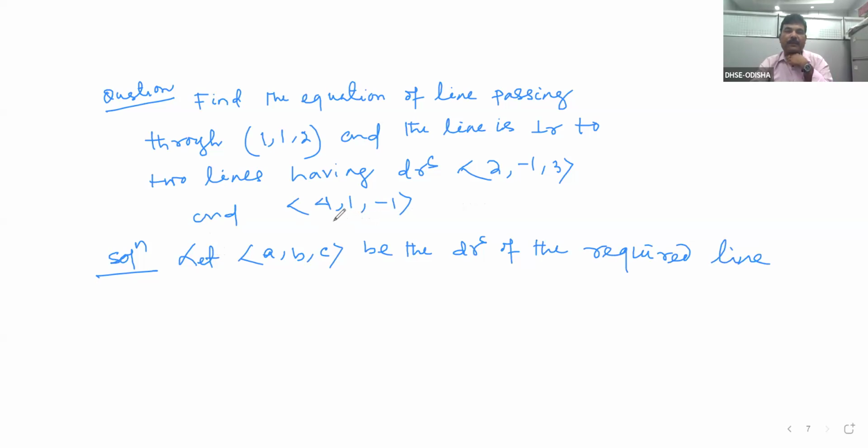You know, if two lines are perpendicular having DRs A1, B1, C1 and A2, B2, C2, then A1 A2 + B1 B2 + C1 C2 = 0. So we can write 2A - B + 3C = 0, and the line is perpendicular to another line having DRs 4, 1, -1. So 4A + B - C = 0.